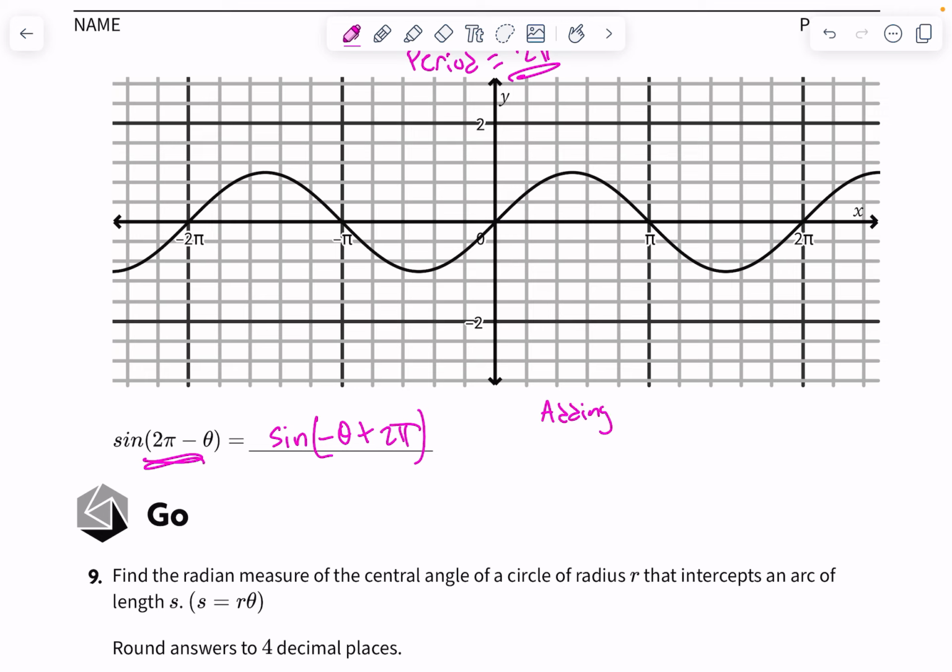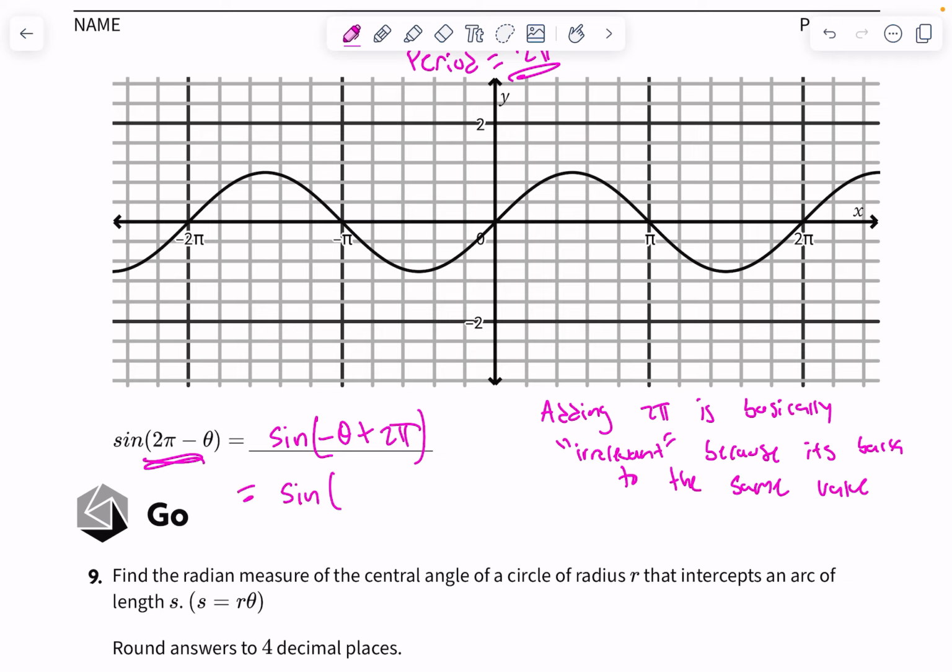Adding 2 pi is essentially irrelevant, to me, because it ends up at the exact same place, back at the same place value. So this is just going to be equal to sine of negative theta.